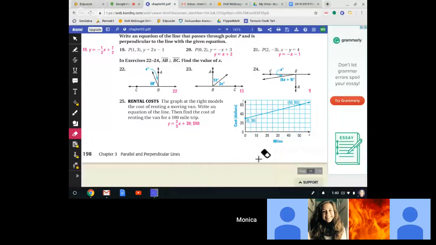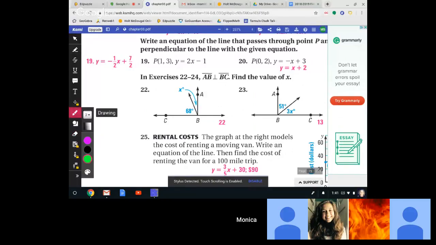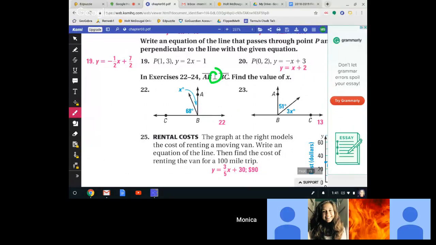Okay, so for number 22, you're supposed to find the value of x. When you look at this problem, it tells you that AB is perpendicular to BC. We know that perpendicular lines form a 90-degree angle, right?